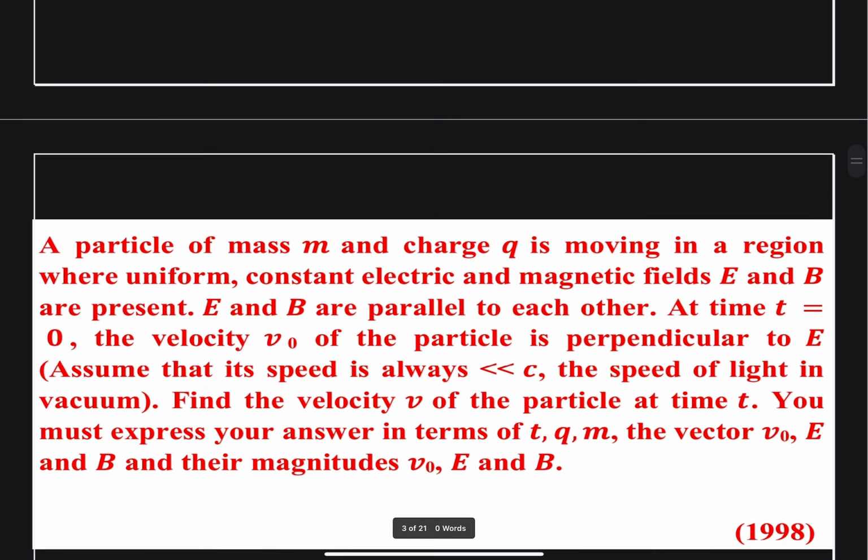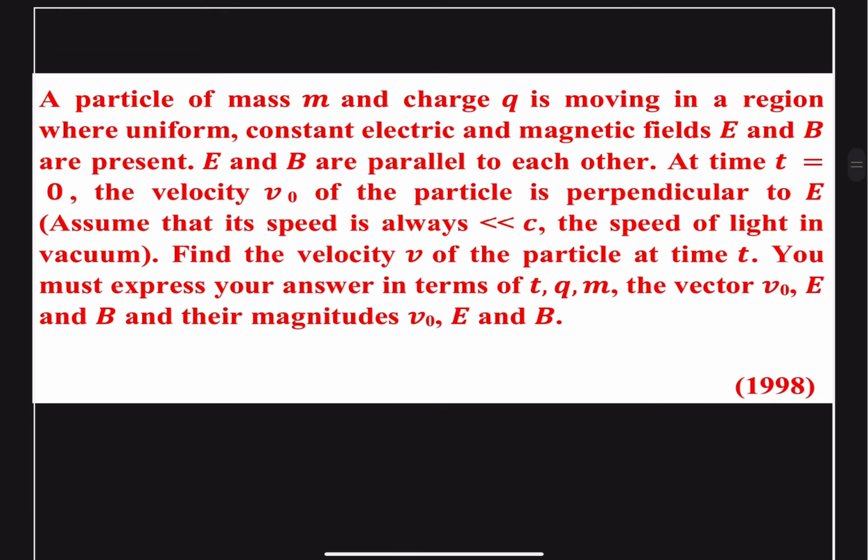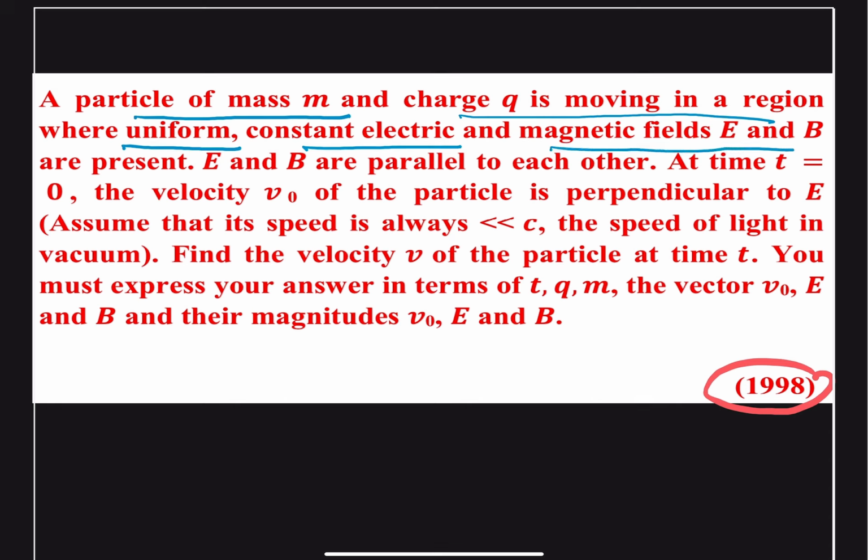And now we come to the next question. It was asked also in the year 1998, and it says that a particle of mass m and charge q is moving in a region where uniform and constant electric and magnetic fields E and B are present. E and B are parallel to each other.